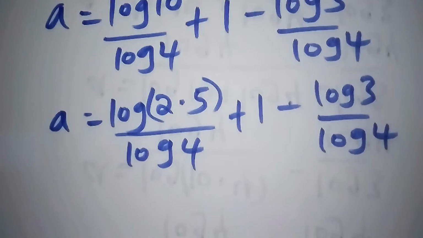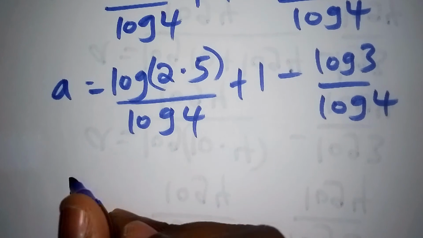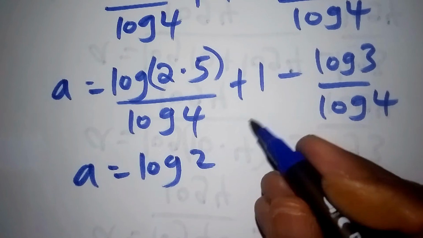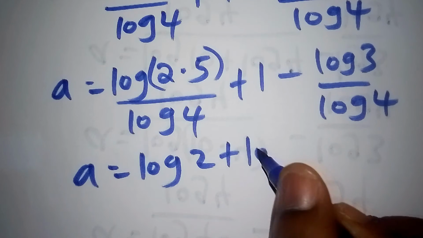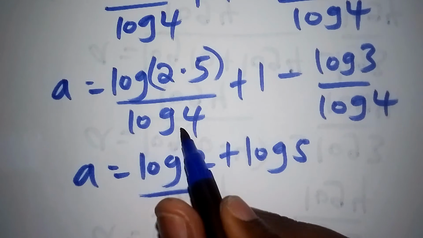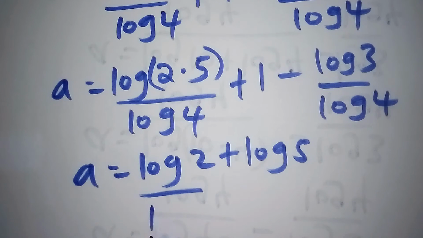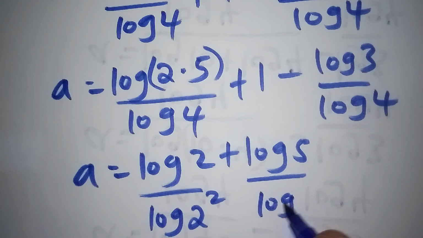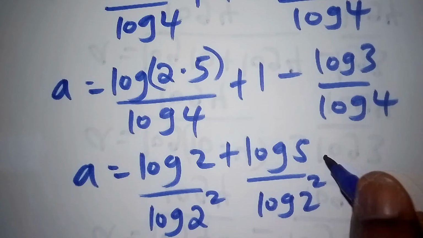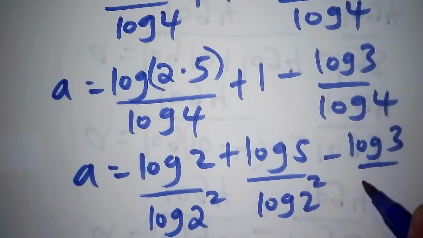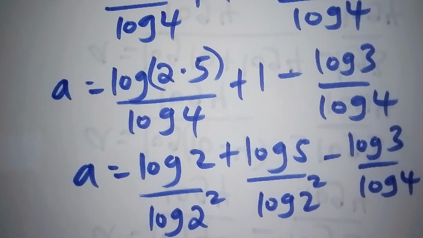Working it out quickly, we have the log of 2 plus the log of 5, all over the log of 4, which can also be written as the log of 2 to the power of 2, minus the log of 3 all over the log of 4.